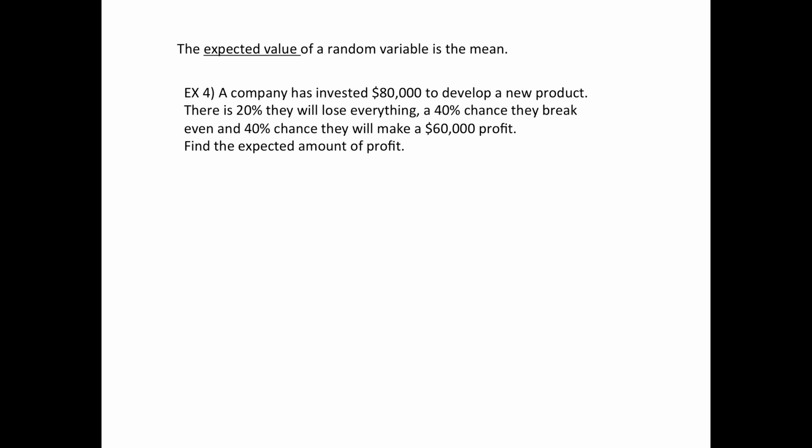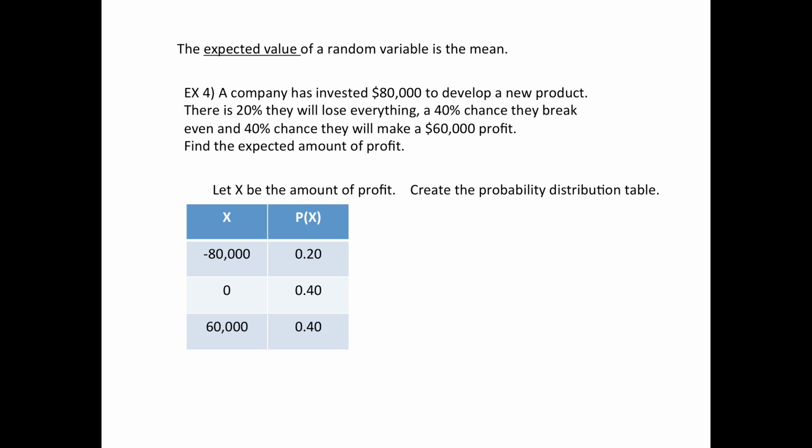In other words, if you take these probabilities into consideration, are they going to be making money, losing money, or breaking even? Well, begin by letting x be the amount of profit, and we're supposed to find the mean. If we're going to find the mean, then we need the distribution table. So here it is.